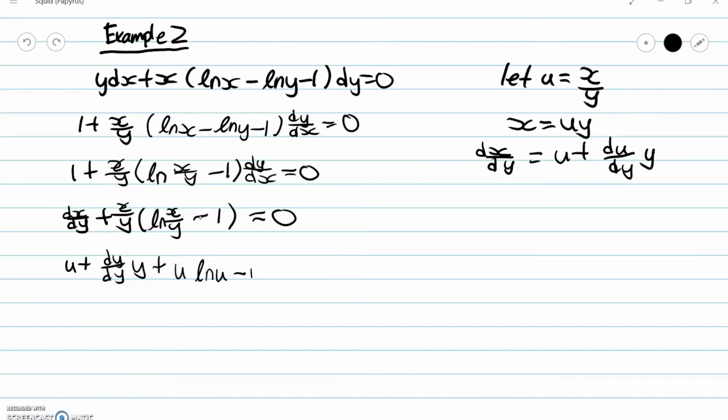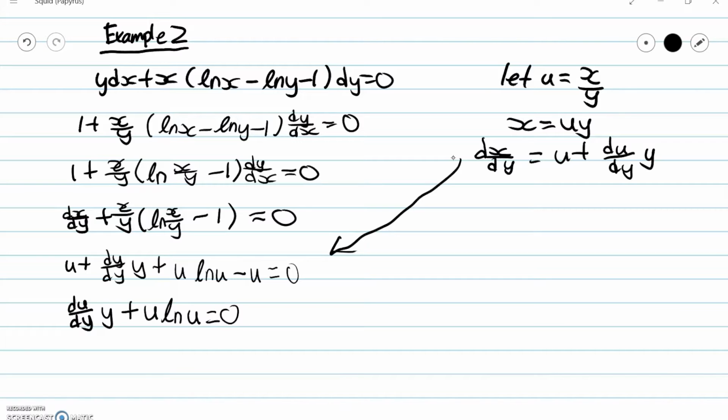So u plus y du/dy plus u ln u minus u equals 0. The u is then cancelled, so y du/dy plus u ln u equals 0. We then take u ln u to the other side, making it negative.